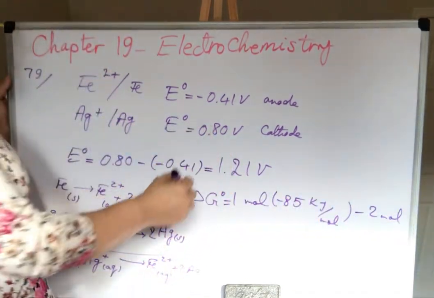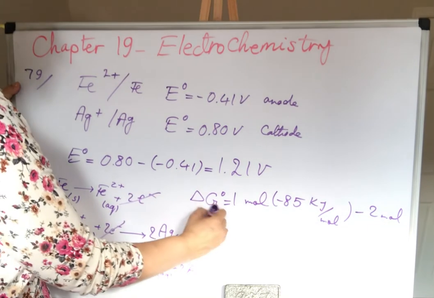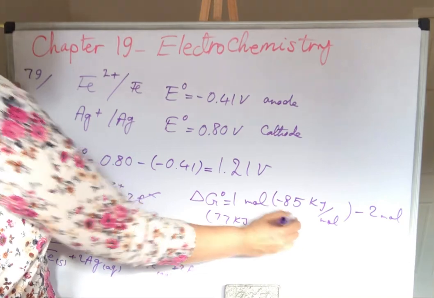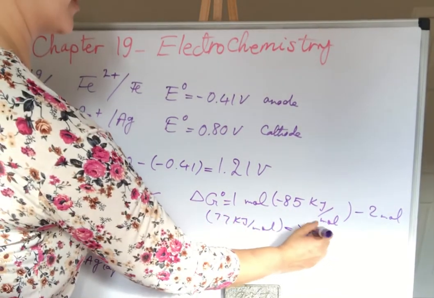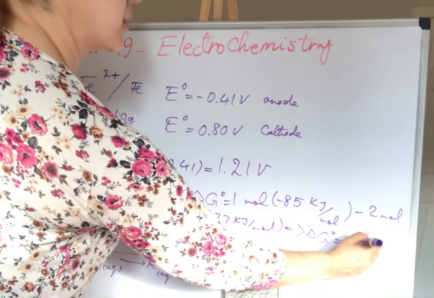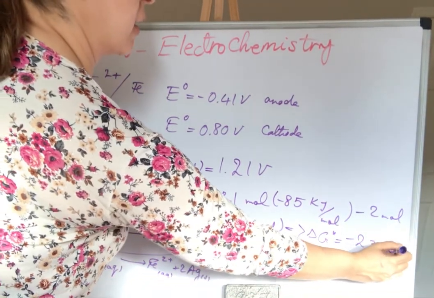That's what you find from delta G standard formations. Delta G standard is going to be minus 239 kilojoules.